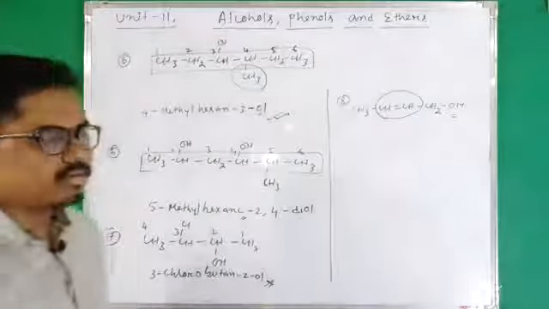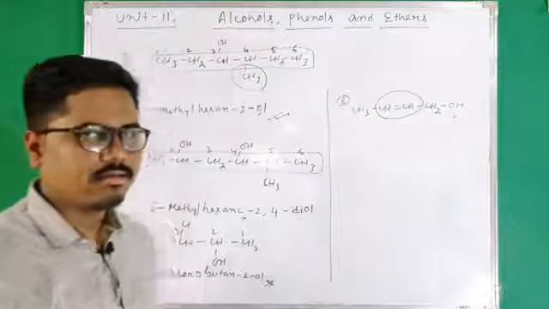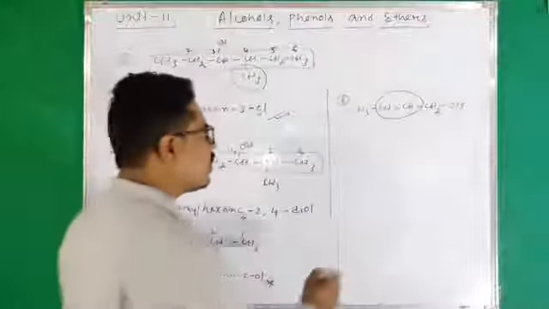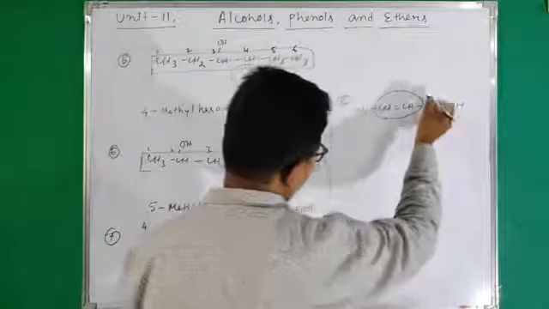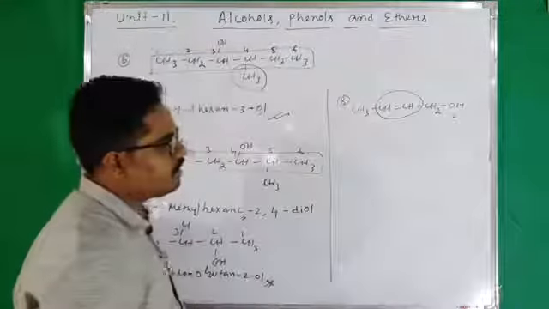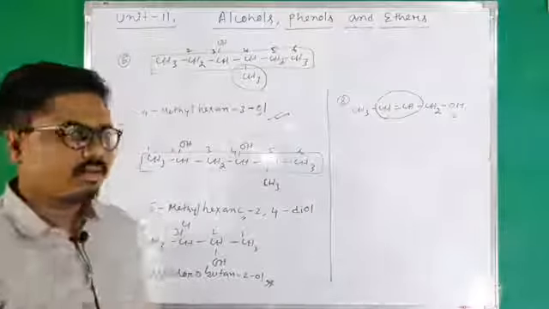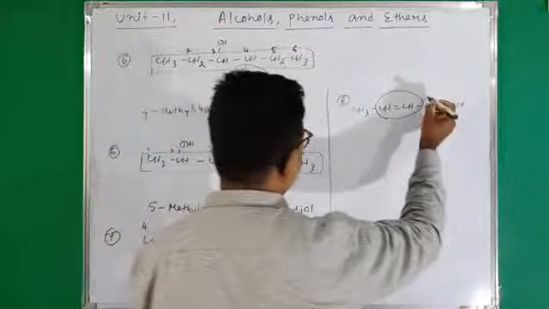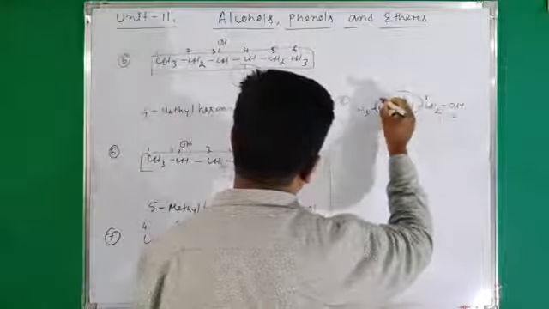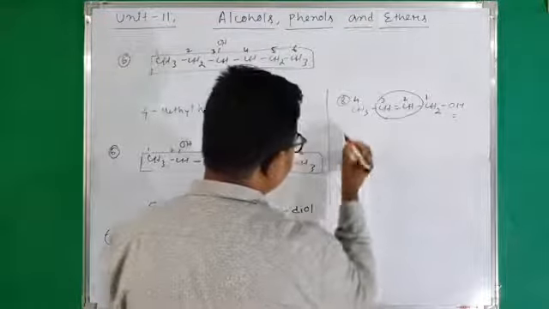Now according to priority order, the OH functional group, that is alcohol, will get higher priority. That means we have to number the chain from that direction where the OH will get the lowest number. So hence 1, 2, 3, 4.